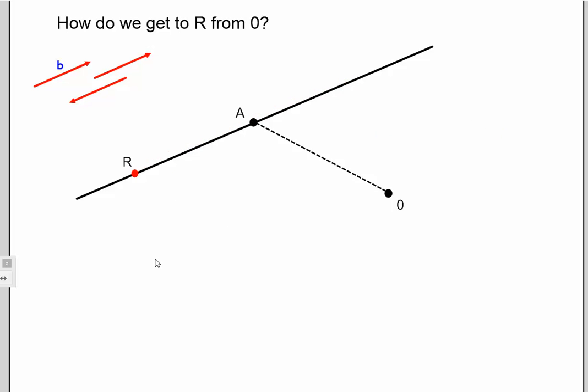Now let's have a look at another one. So let's say this time we want a position on this line, which is the other side of vector A. Again, we can do the same thing.